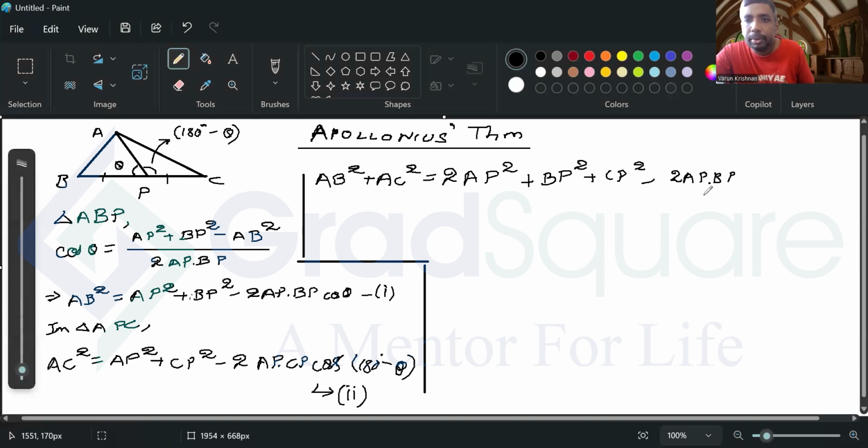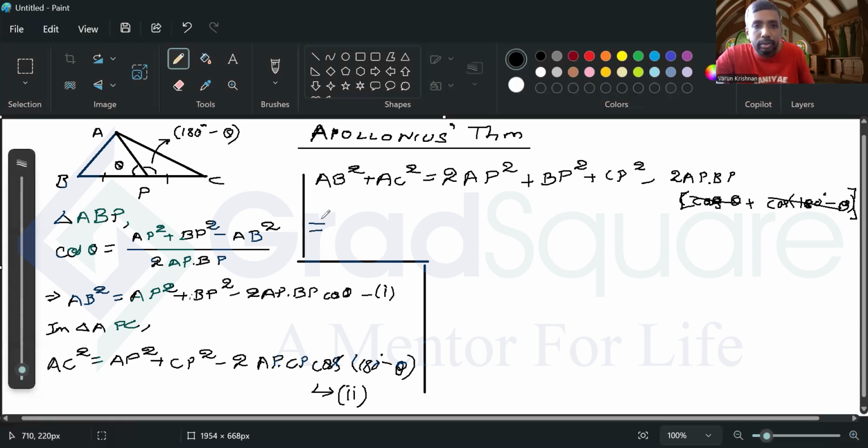And inside the brackets, I'll have cos theta plus cos of 180 minus theta. Now, if you remember your high school trigonometry, you will realize that cos of 180 minus theta is actually minus of cos theta. So this is minus cos theta, this is cos theta, so both of these get cancelled.